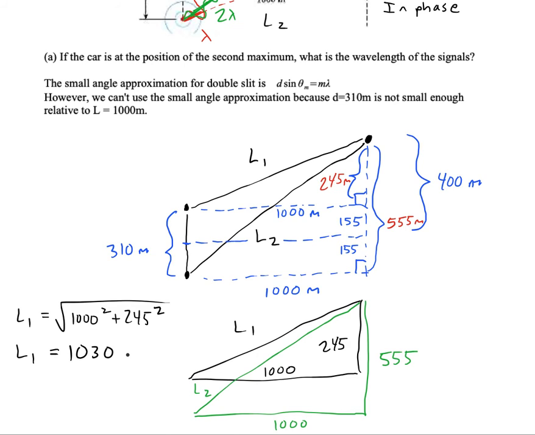L1 is 1,030. L2 will be, with 1,000 and 555, 1144.